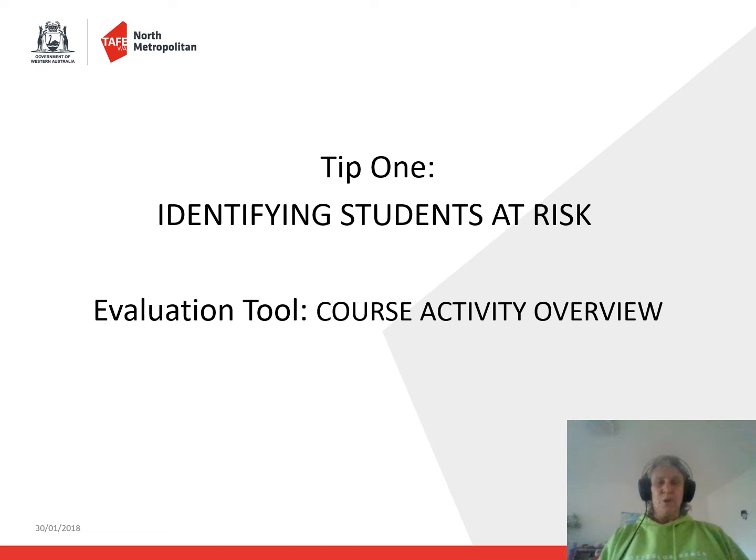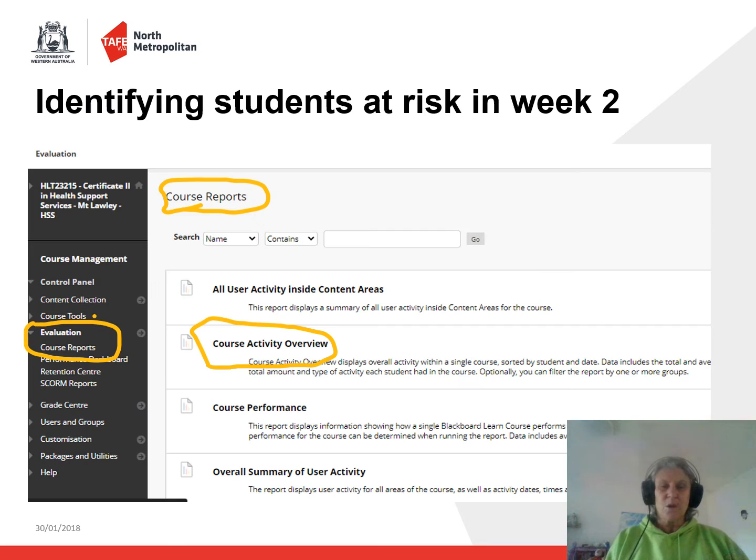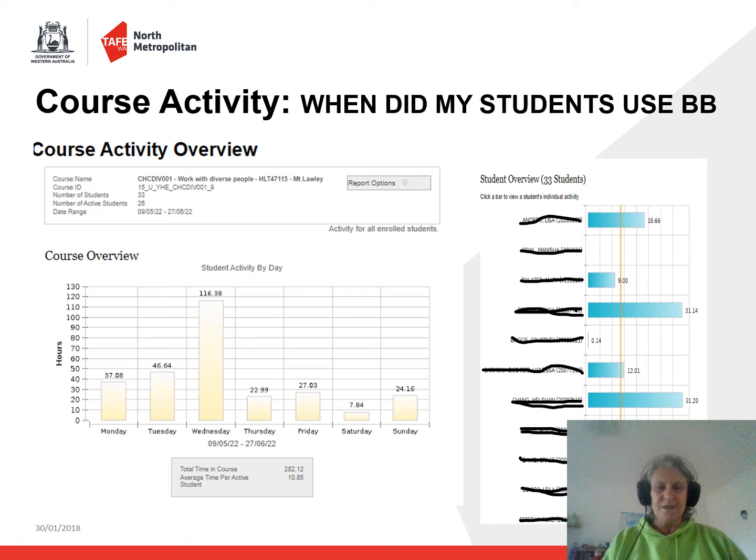So in about week 2, I go into the evaluation course activity overview. On that black menu, just above your grade centre, click evaluation, then click into course reports, then onto course activity overview.